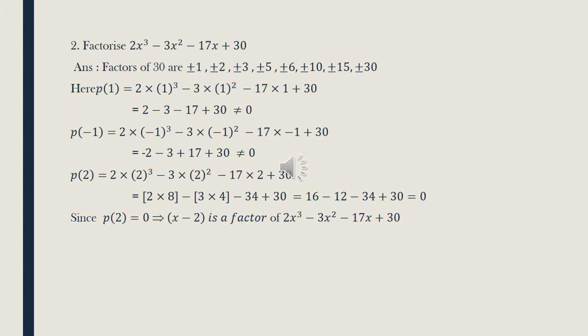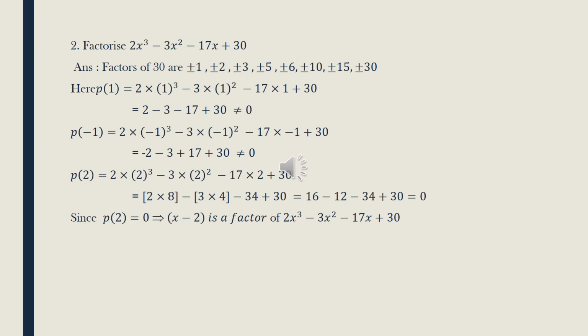So for that we need to find the factors of the constant, that is 30. We can write the factors as plus or minus 1, plus or minus 2, plus or minus 3, plus or minus 5, plus or minus 6, plus or minus 10, plus or minus 15 and the final plus or minus 30.